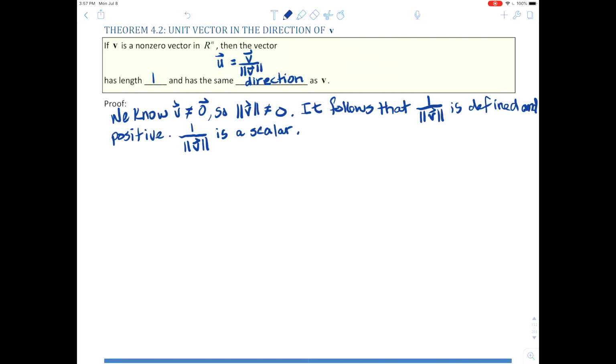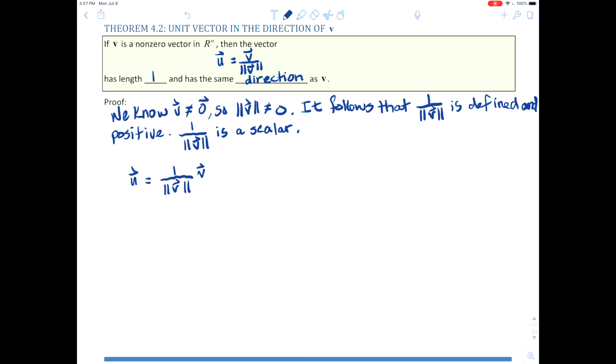Cool so far? All right, so we'll have u is equal to 1 over the magnitude of v times v. So u has what? Good, it has the same direction already. Because 1 over the magnitude of v is just a scalar. And any scalar of v will have the same direction.